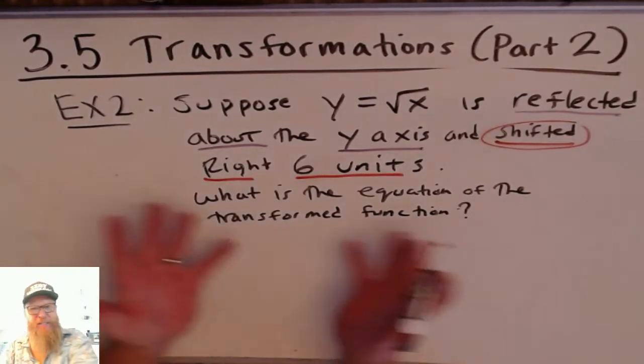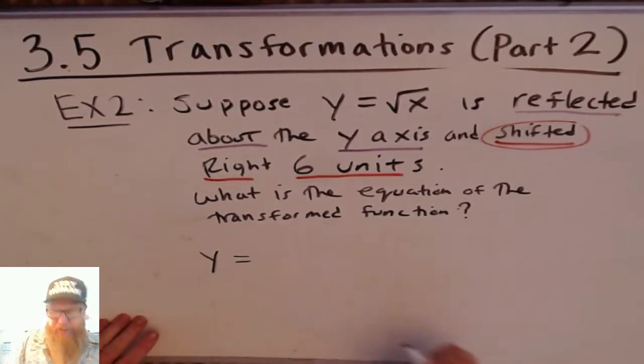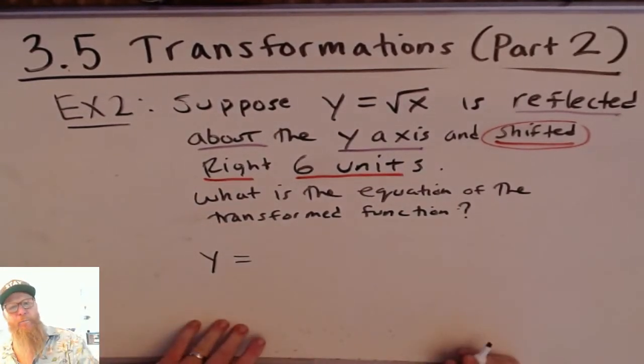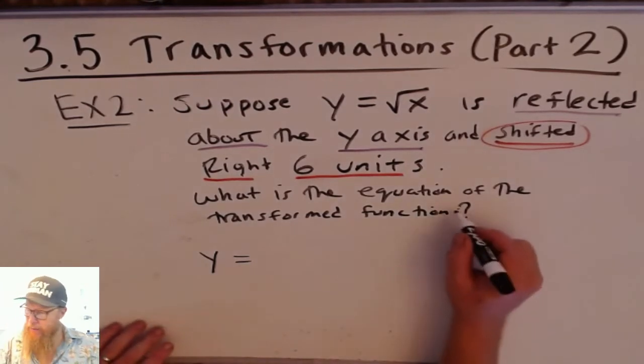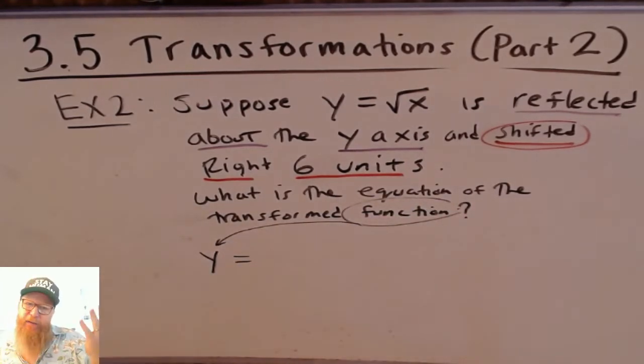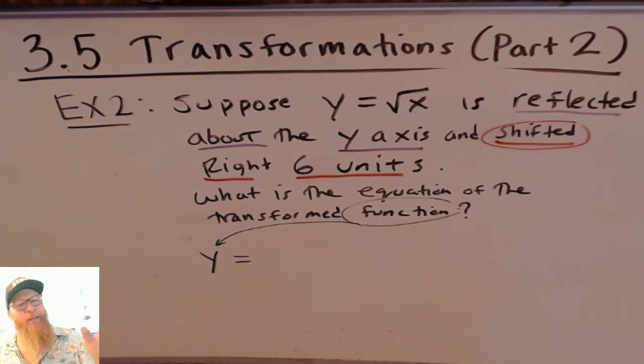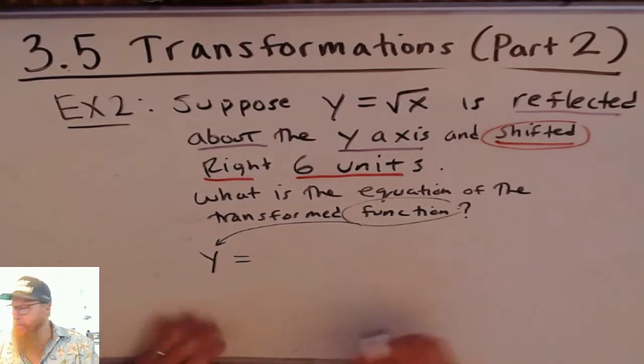There is no specification as to what the name of my function should be, so I can just call it y. That's sort of the generic name. If you want to give it a name, you probably can get away with that. You can call it f or g, but I'm only going to do that if the question tells me to do that. I don't even have to take a risk.